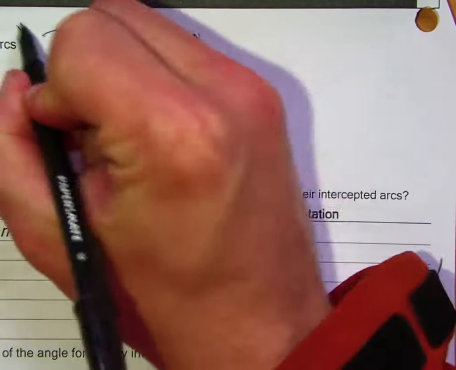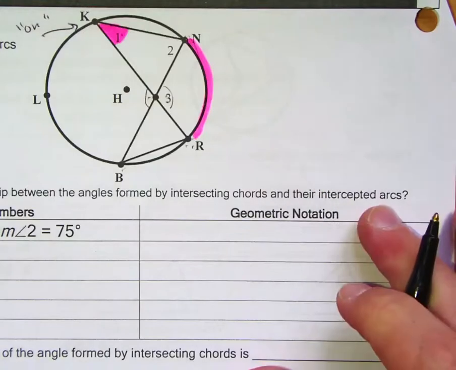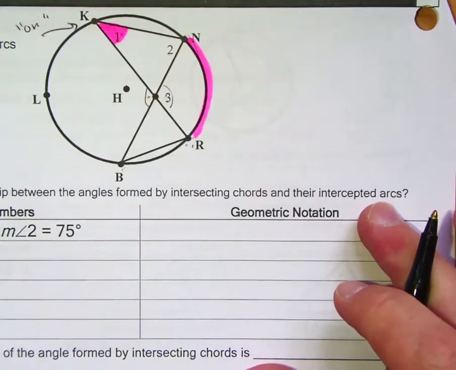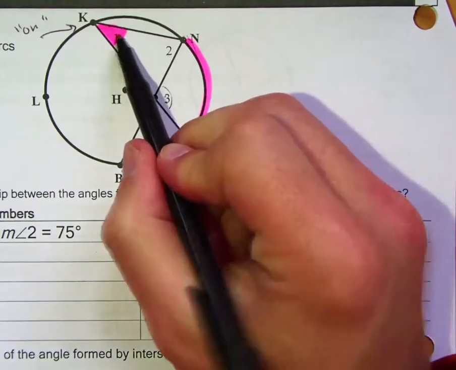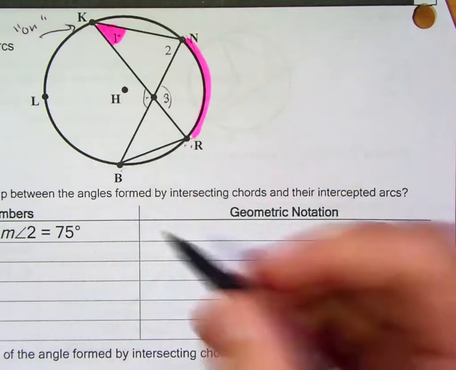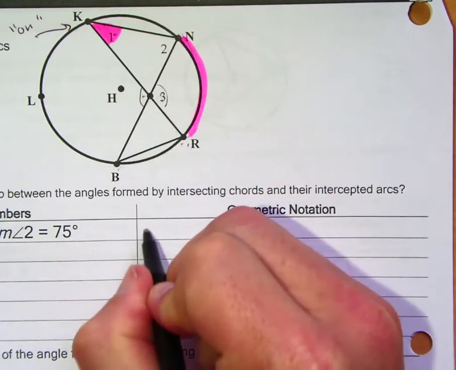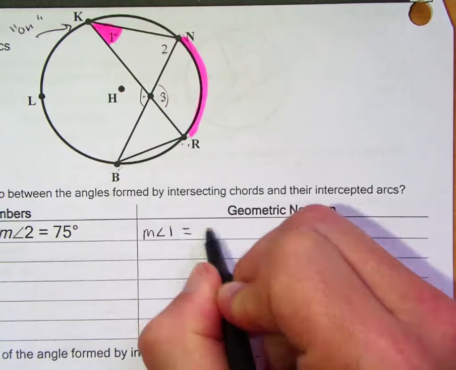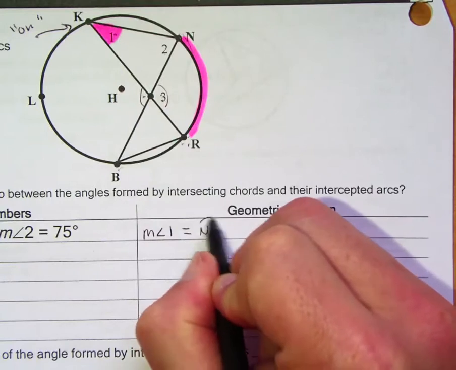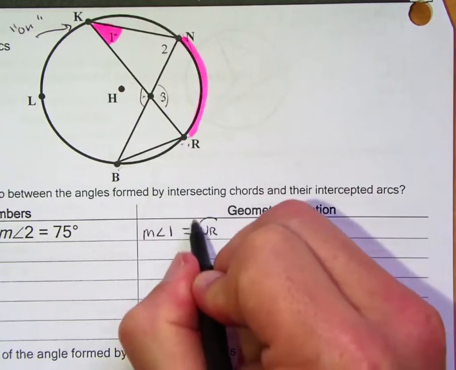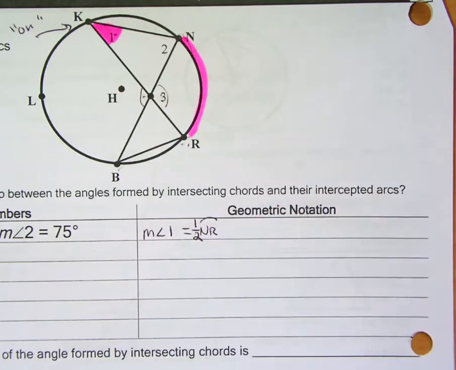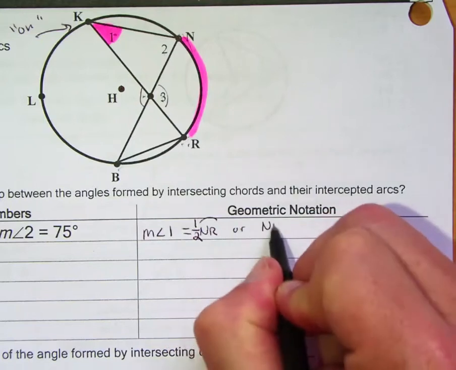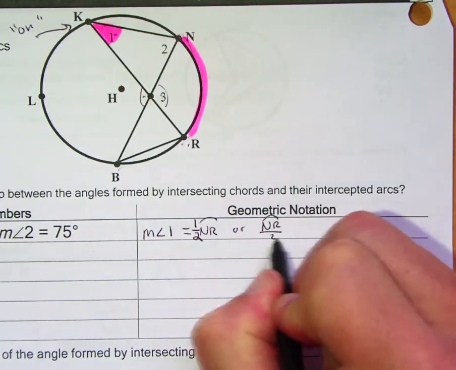What kind of angle is it? Notice the vertex is on the circle, so that's an inscribed angle. Its measure is equal to half of this arc. I'm going to write that relationship down. The measure of angle 1 is equal to half of arc NR. Another way to write it would be arc NR over 2.